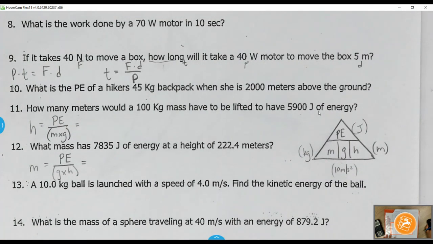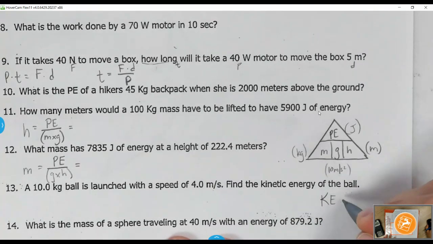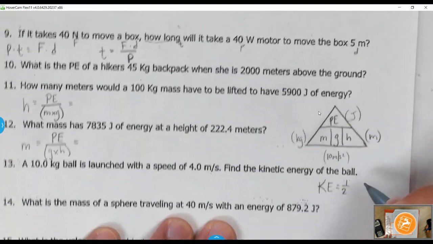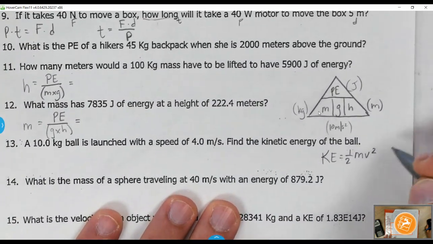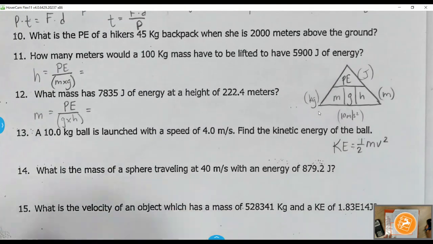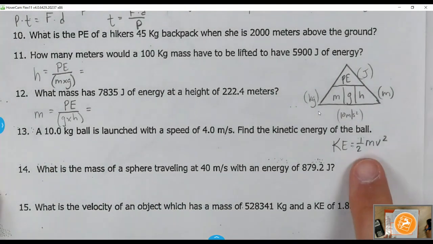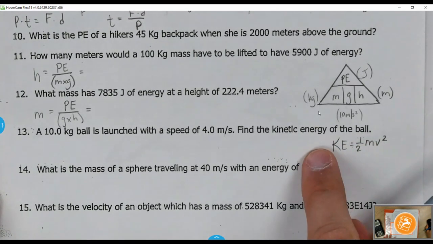Okay, find the kinetic energy of the ball. The kinetic energy equation is 1/2 mv squared. You're only squaring velocity. They want you to rearrange this to solve for m. So to get m by itself, you have to multiply both sides by 2.